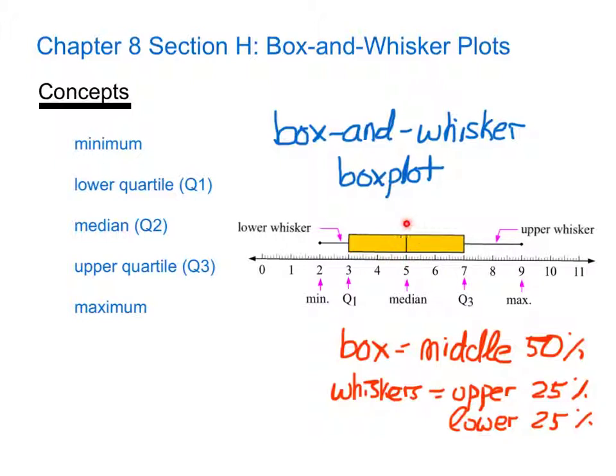The line in the middle is the median, which we can abbreviate as Q2. And that splits the data in half. The left-hand box is the spread between the median and the lower quartile, and the right-hand box is the spread between the median and the upper quartile, which are represented by these lines.